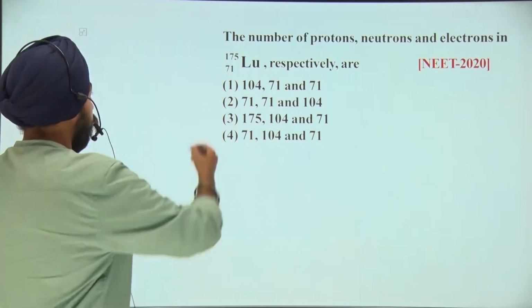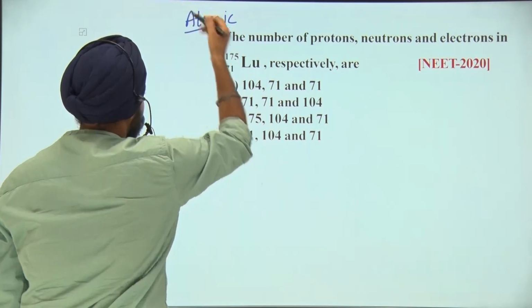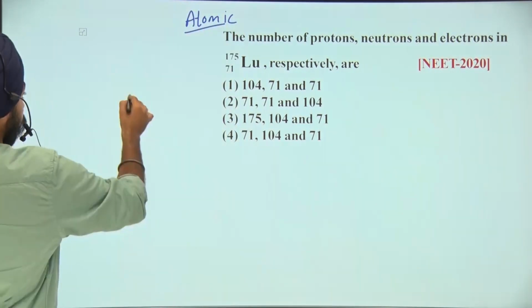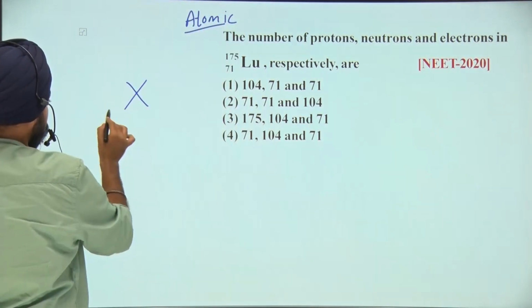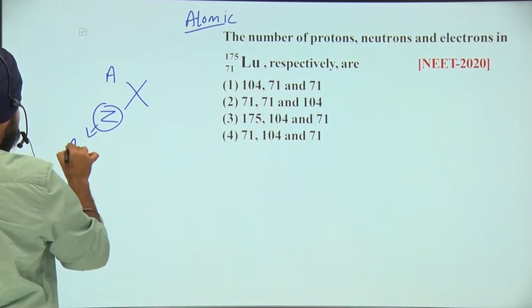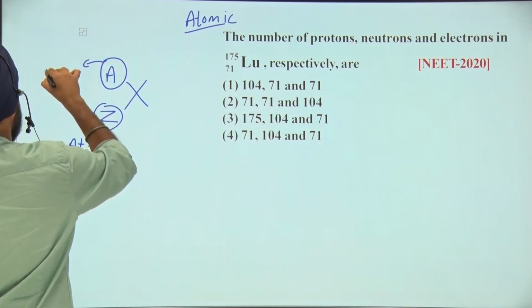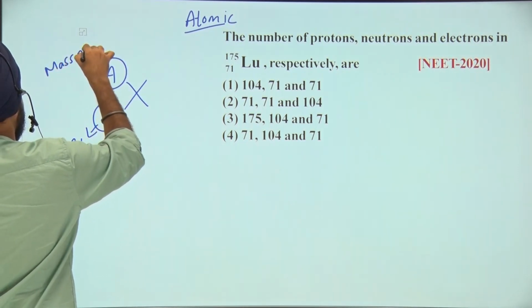Question is, the number of protons, neutrons and electrons in Lu 71, 175 respectively are. Students, this question is from atomic structure or the structure of atom. Clear? Now student, for a general element, the representation is as follows: X, this is Z and this is A. This is atomic number, and this is mass number.